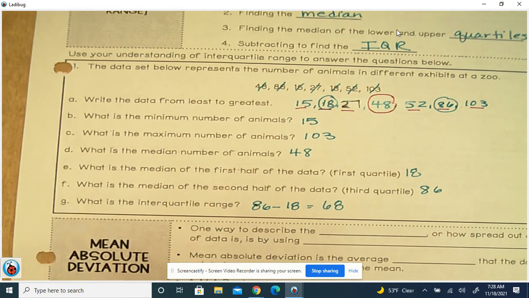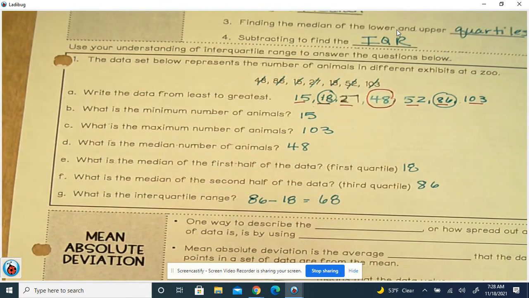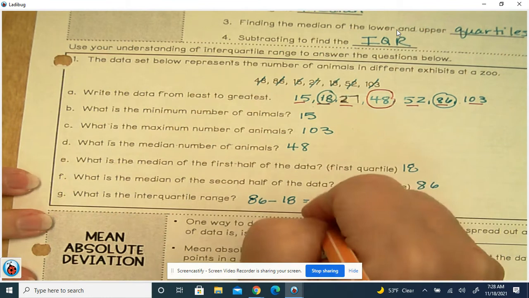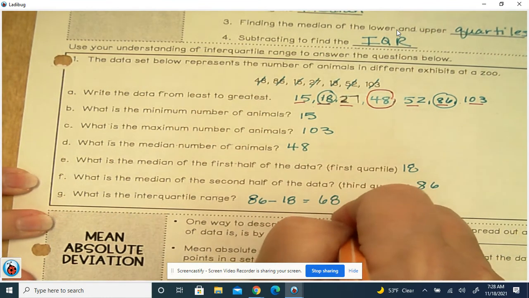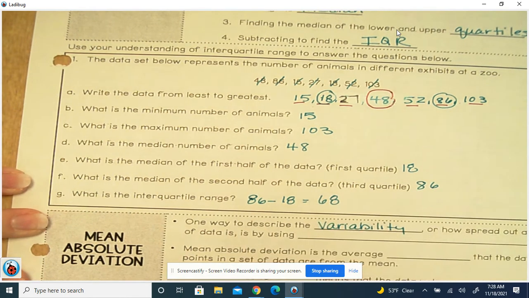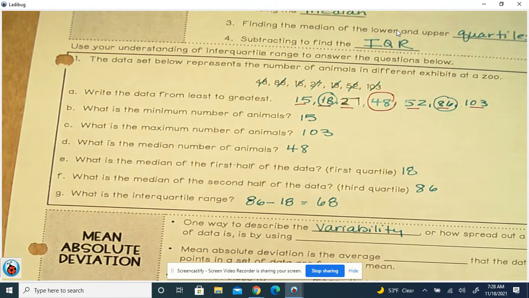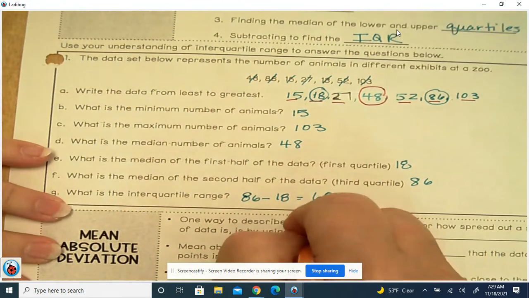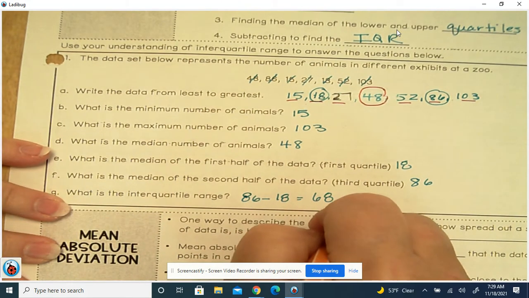All right, and down at the bottom of that page is mean absolute deviation. I love doing this. One way to describe the variability of how spread out a data is by using the mean absolute deviation.